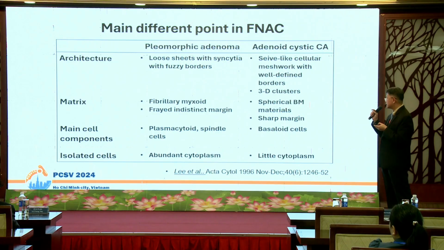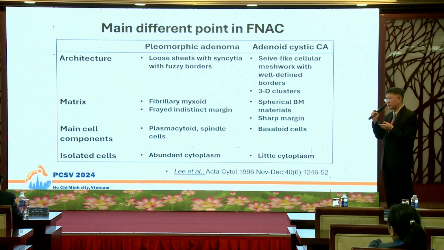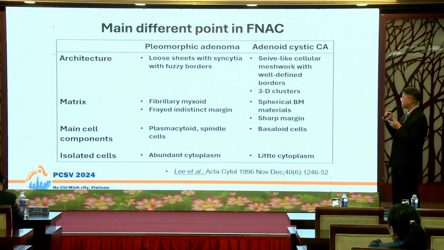The matrix of pleomorphic adenoma is usually fibrillary myxoid with indistinct borders, while the matrix of adenoid cystic carcinoma is usually spherical with sharp borders.